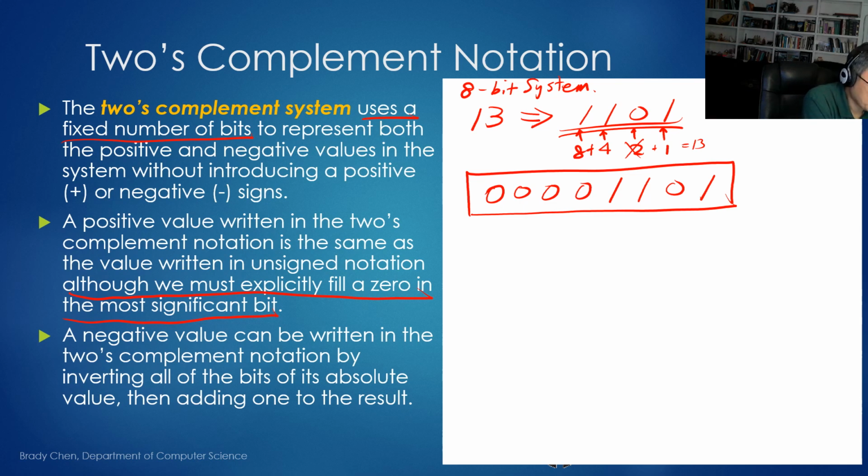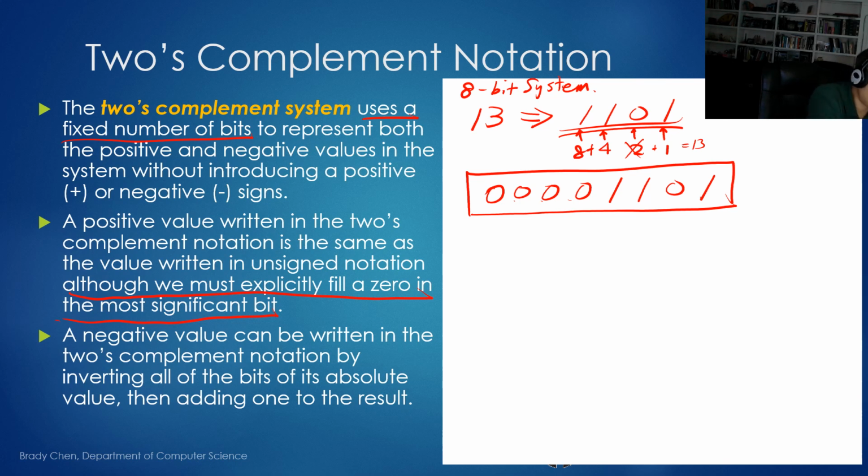Now, that's the easy part, because technically the two's complement representation for a positive number is the same as the binary representation of the number, except in two's complement you have to fill in the zeros to make it an 8-bit number. Now for the negative value, we need to do a little bit of a trick.